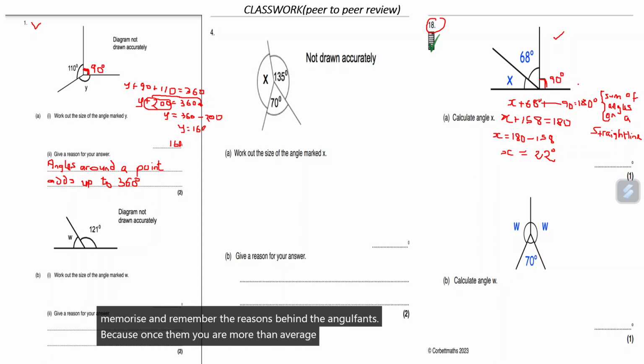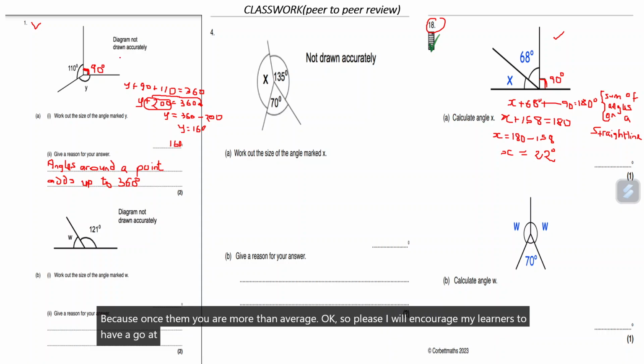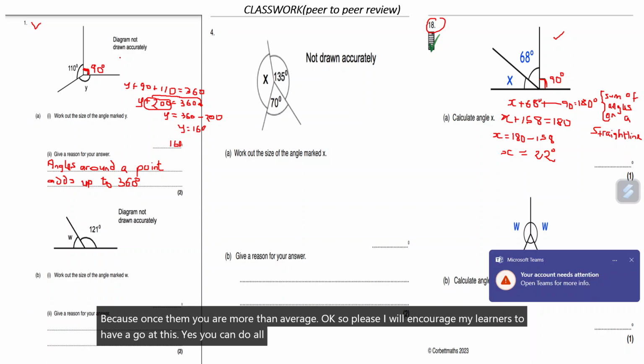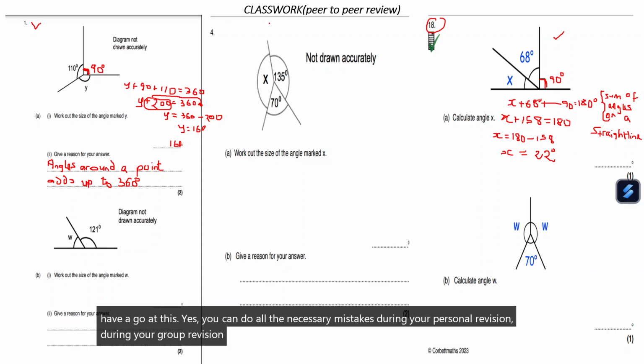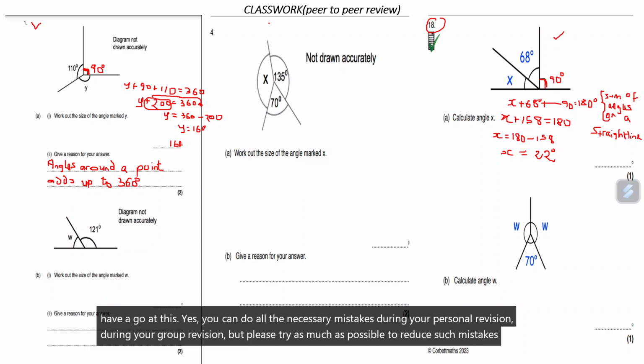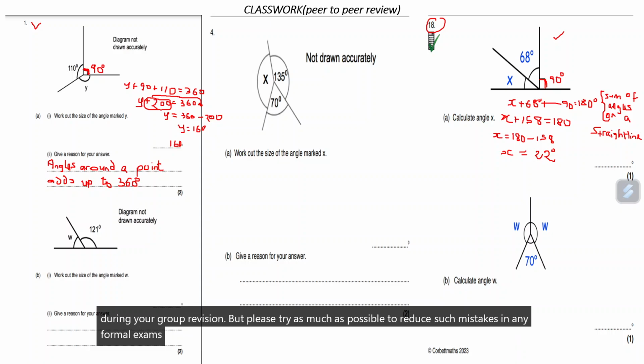So I will encourage my learners to have a go at this. Yes, you can make all the necessary mistakes during your personal revision, during your group revision, but please try as much as possible to reduce such mistakes in any formal exams or assessments.